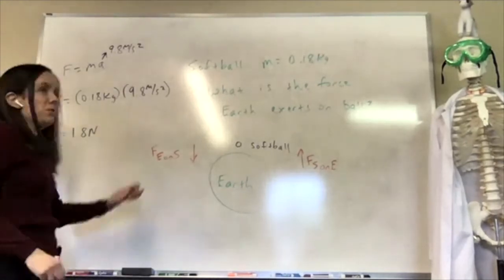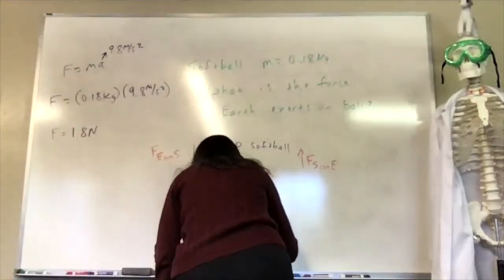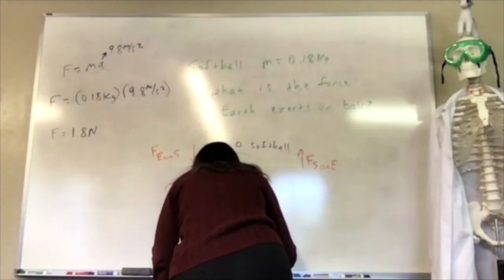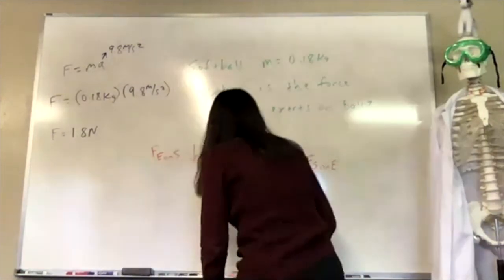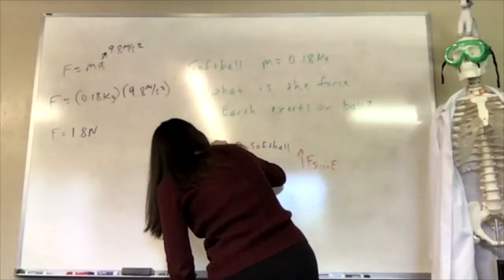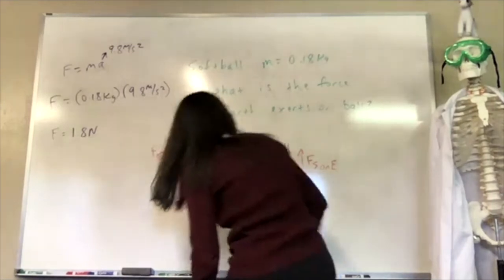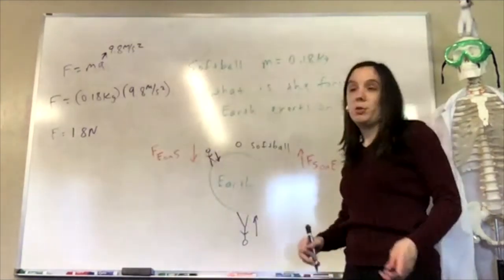Well, it depends on our perspective. Of course, somebody at the South Pole, their down looks like this. Somebody at the North Pole, say where we are, their down would look like that. So it depends on your perspective.